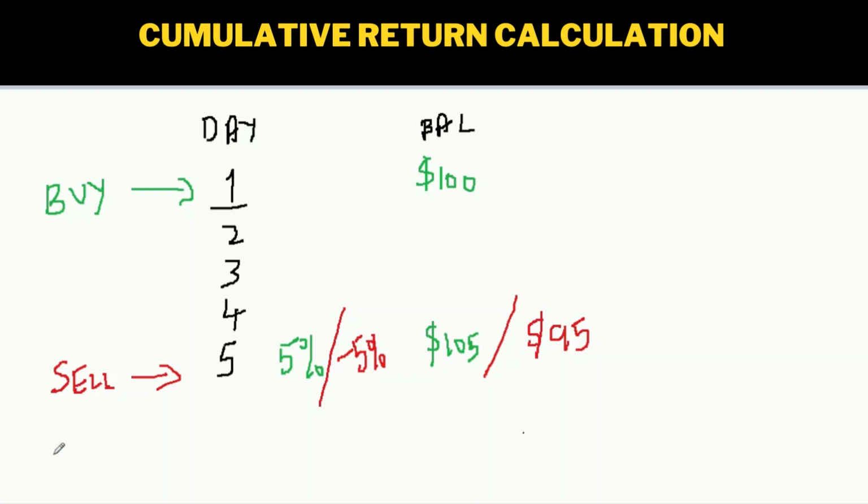Now, let's assume that our next buy signal is here. So when we get our next buy signal, we are going to reinvest our balance. So when I say reinvest, be it 105 or 95, we will use the entire balance to buy stocks. And we will follow this rule till the time we use the strategy.